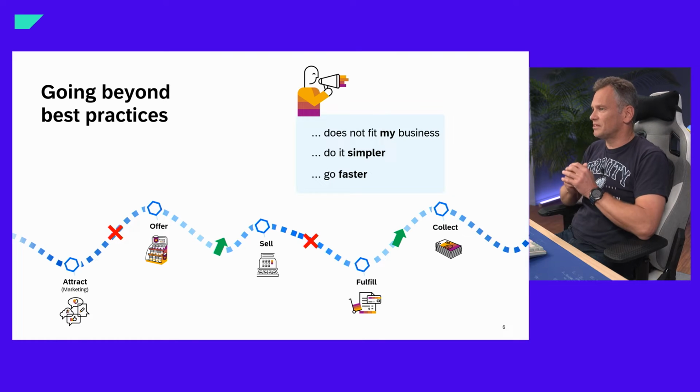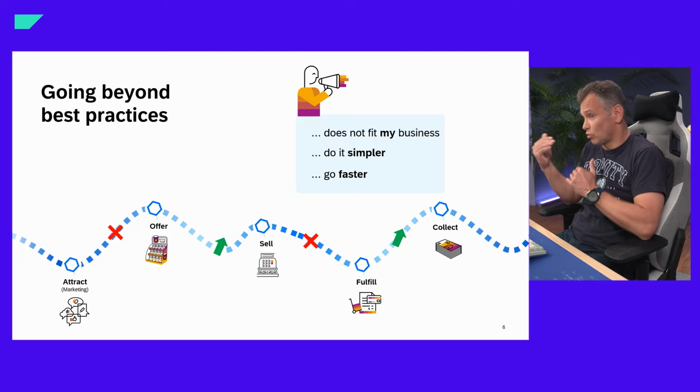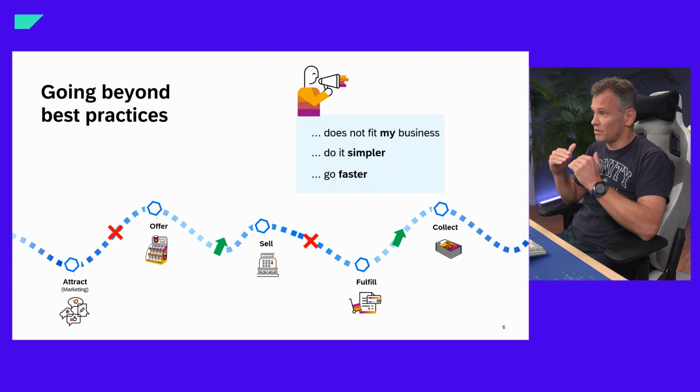Sometimes it makes a lot of sense for you to deviate, at least in some elements, from those best practices. It might be because you need some things to go faster, maybe you can simplify things, or it simply does not fit your business. And the last reason is not even on the slide, but I want you to think about it. How do we become a market leader?